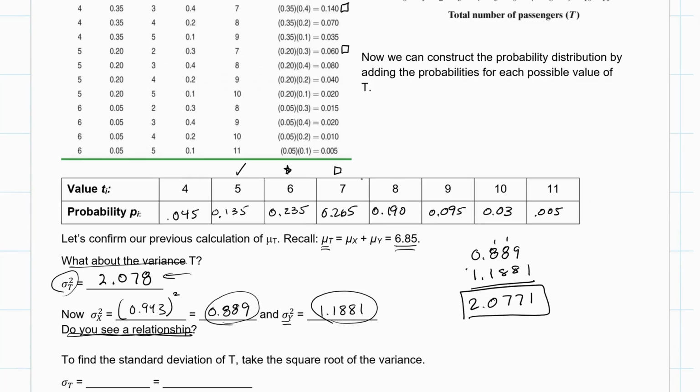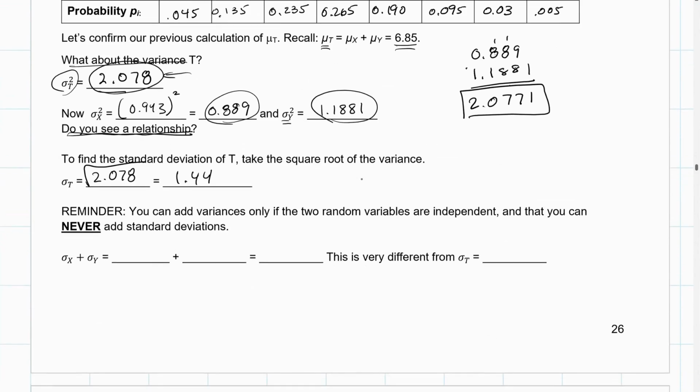That number is really close to that number. And just remember that if you want to find the standard deviation, you take the square root of the variance. And the square root of that variance is 1.44.